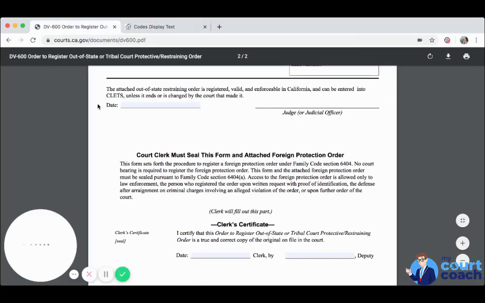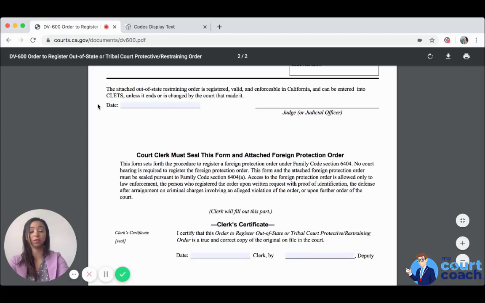So this is the form that is required if you want to voluntarily register your out-of-state order. It states that no court hearing is required to register this order. This form and the attached protective order must be sealed, and access to it is only allowed by law enforcement, the person who registered it with proof of identification, the defense after arraignment on criminal charges, or further order of the court.